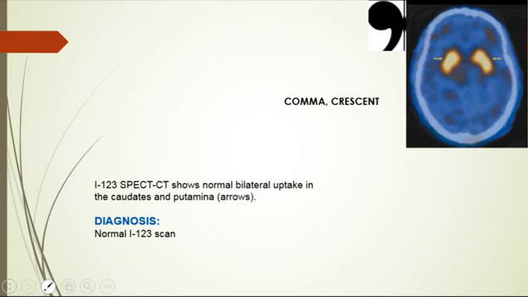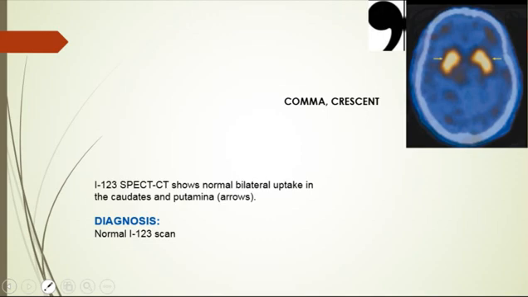Okay? An abnormal appearance is absence of putaminal uptake with normal or decreased caudate uptake, which may be unilateral or bilateral, what we call period sign, indicating nigrostriatal neurodegenerative condition like Parkinson's disease, atypical Parkinsonism, Lewy body dementia, all give the same appearance. Okay?